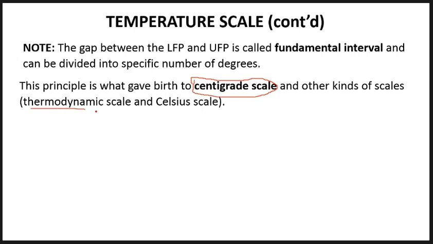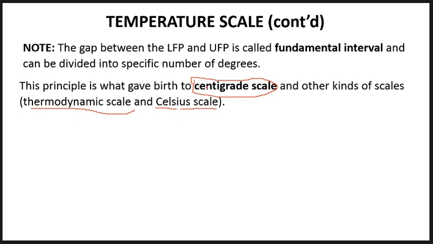Though I said there are other kinds of scale as well. Well, we have the thermometric scale, then we have the essential scale. But on the centigrade scale, it is rated from 0 for the lower fixed point, then the upper fixed point to be 100 degrees.